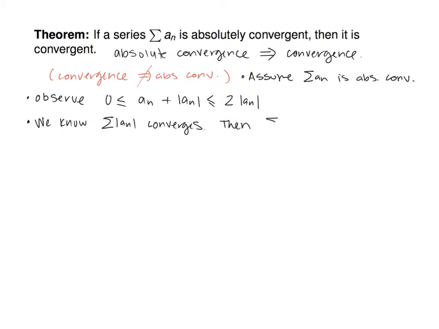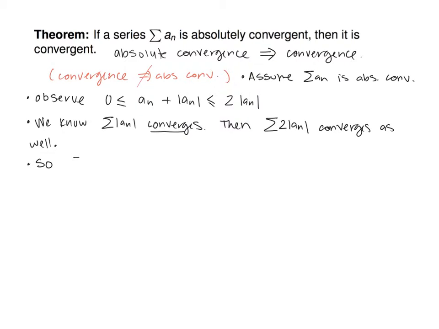Then what can you say about the sum of 2 times the absolute value of a sub n? Really convergent. It's just, well, if this thing converged to like 10, twice it's going to converge to 20, right? So it's still convergent. Okay.